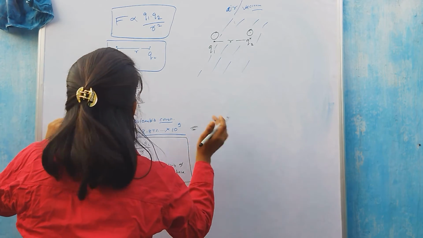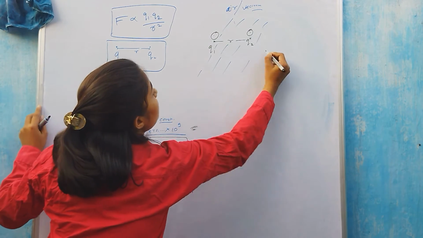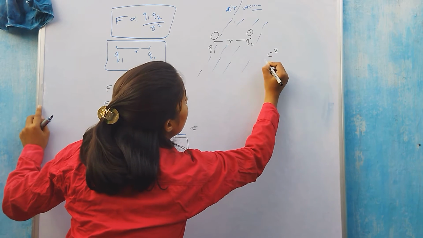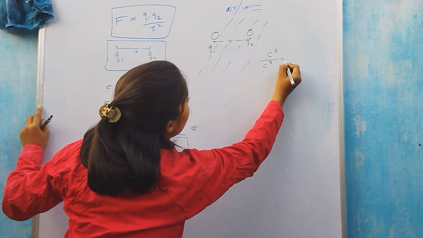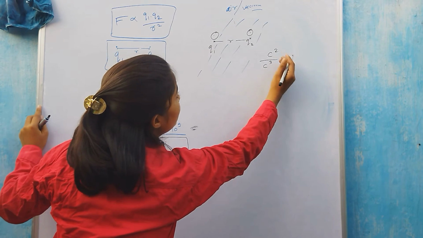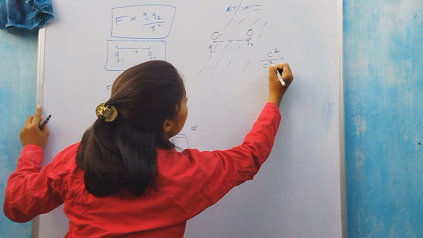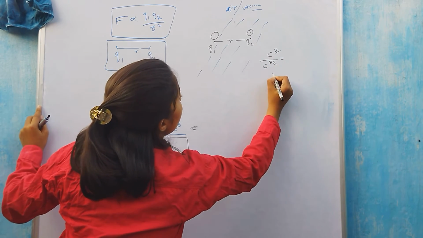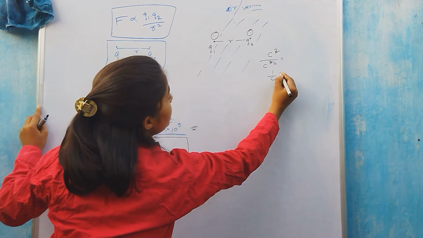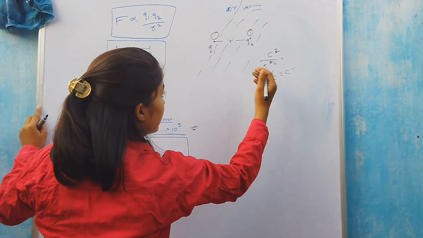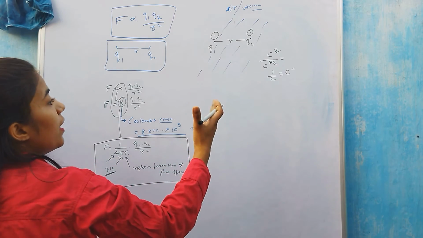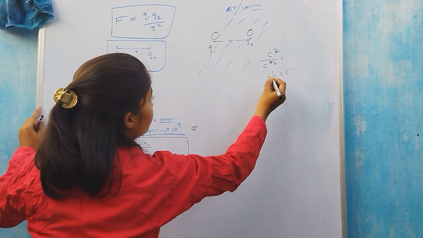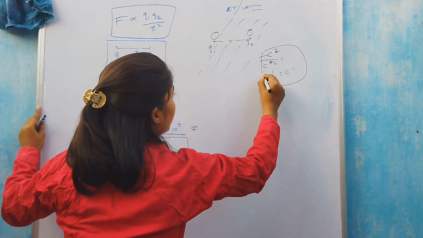So in the previous classes we read about these types of equations like this, and if you write 1 by c, then it is converted to c to the power -1 and so on. Okay.